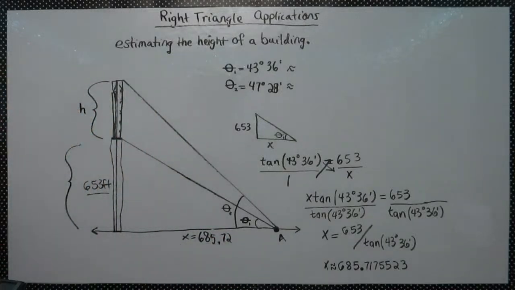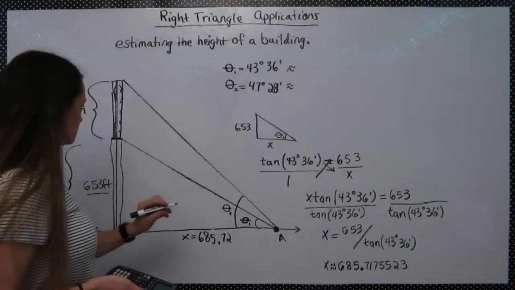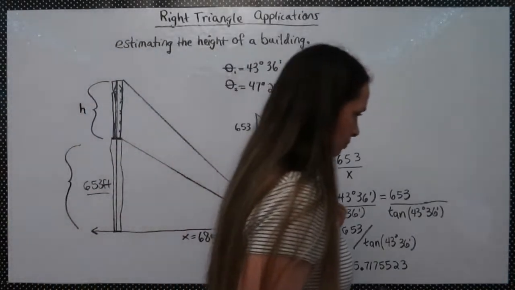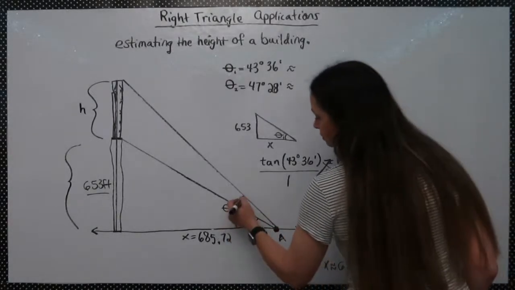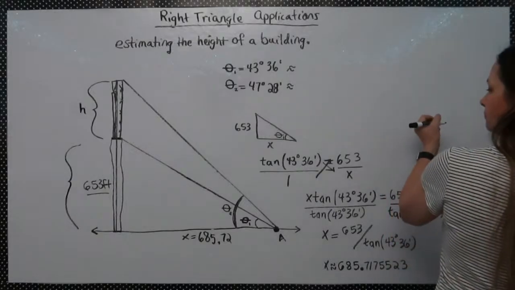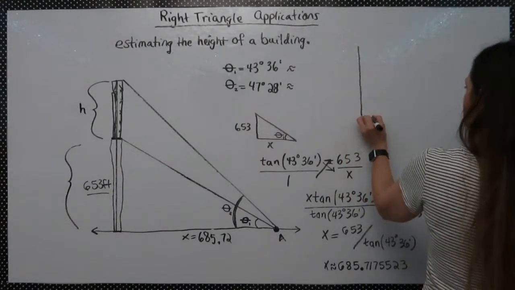All right. So now what we're going to do is we're going to make a bigger triangle. So now we have this bigger triangle we're dealing with. And so we're going to put it here. So we have this theta sub 2 that is this entire length here. So what I did was I just made a slightly taller triangle.